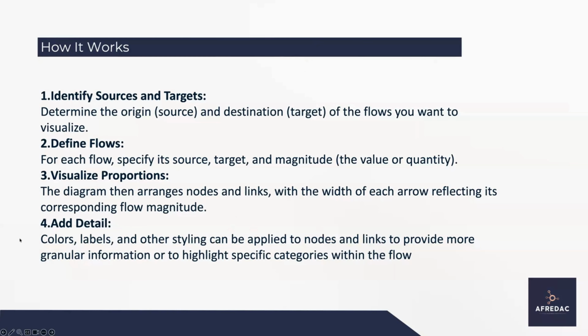As I said, additional details like number 4, the colors, the labels, and other styling can be applied to these nodes and links by the user. If your nodes are not that many, R will just assign colors to them, and we will see that in our experiment.